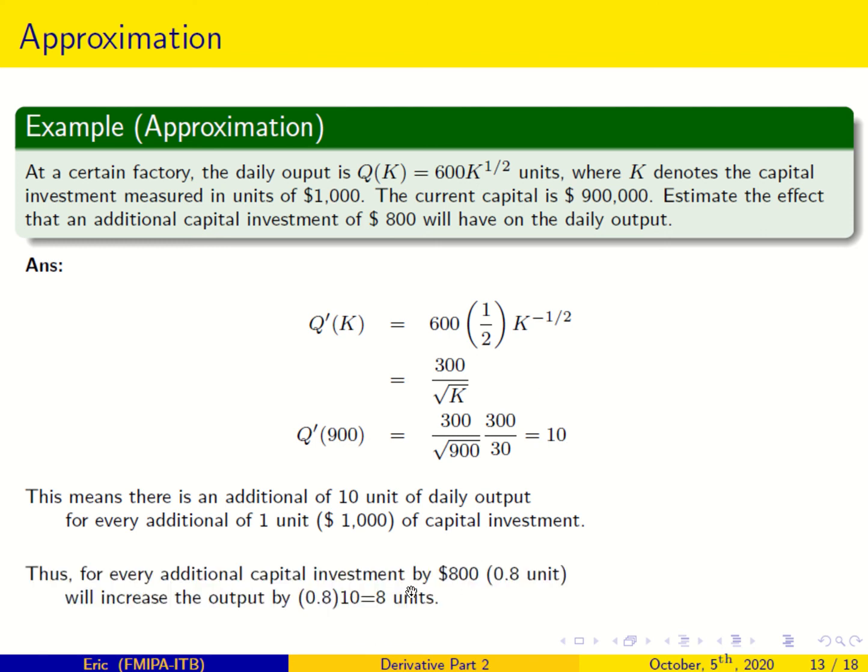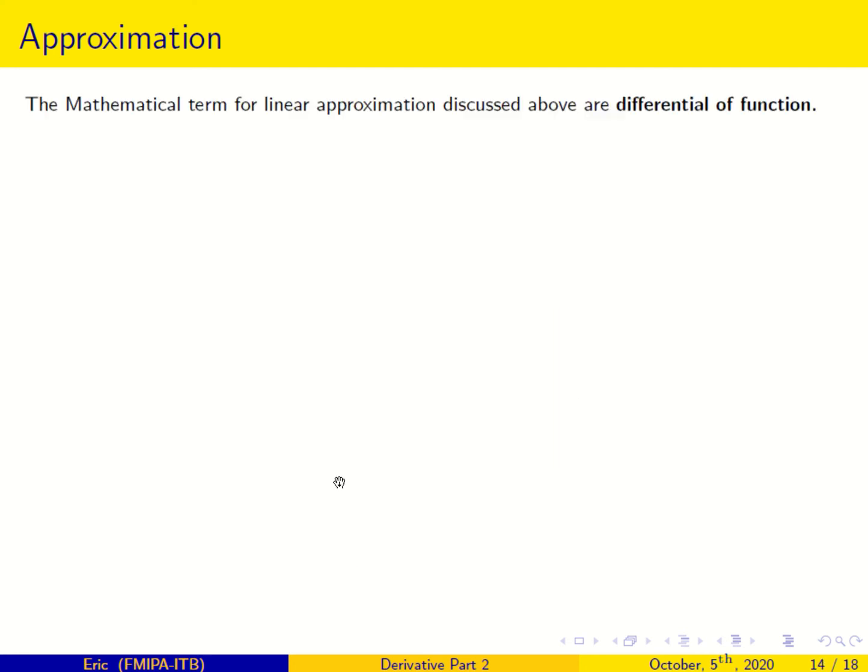So it will increase by approximately 8 units. So we have generalized. For marginal analysis, you only go 1 unit, but in approximation, you can have any real number, not just 1. You can have a half, you can have a quarter, and so on. And this one is 0.8.